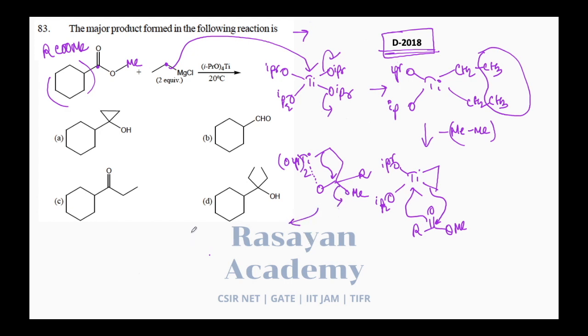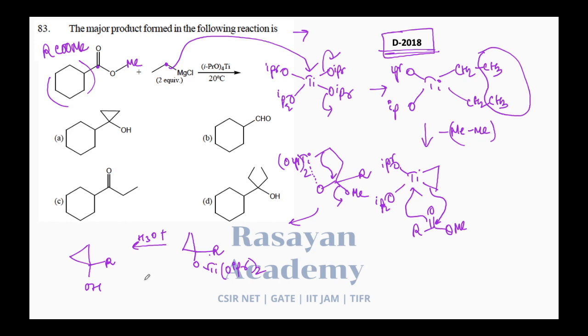So what do you get? You get a 3-membered ring with R, and this becomes O, and the oxygen still has the bond with titanium, OTi(OiPr)2. After the hydrolysis, the acidic workup, finally you are going to remove this oxygen-titanium bond and you get this kind of an alcohol.